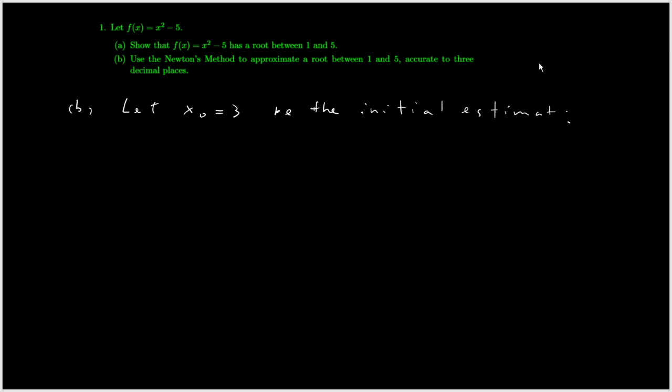Now, get your calculator, please. You need to use a calculator or some computer programs to do a question like this. We use the x0 value of 3 as the initial estimate.